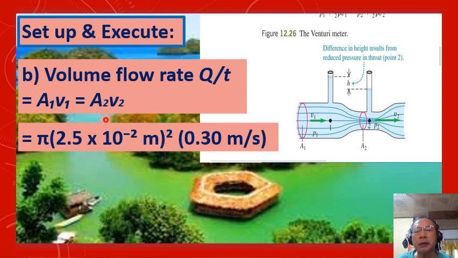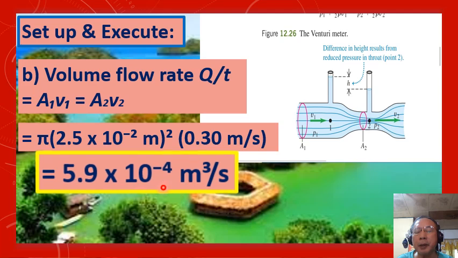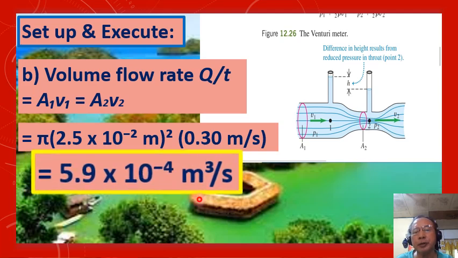Square it, multiply it by pi, and multiply also by the speed V1, 0.30 meters per second. So we get the value of the volume flow rate equal to 5.9 times 10 to the negative 4 meter cube per second in two significant figures.